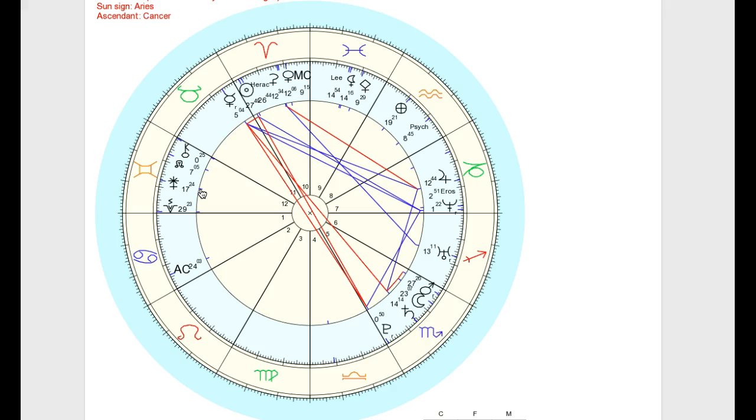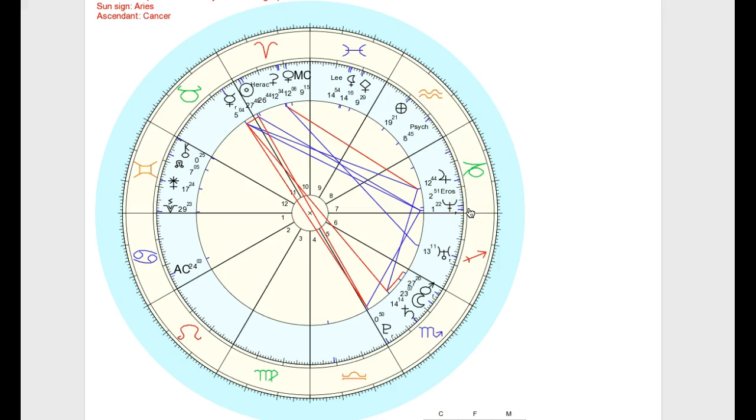In my chart, at least. In your chart, it should be different, because everyone's chart is totally unique. So these are good examples of prominent, important asteroids in the chart. Ceres conjunct Venus, Hercules conjunct the Sun, Eros conjunct Neptune.